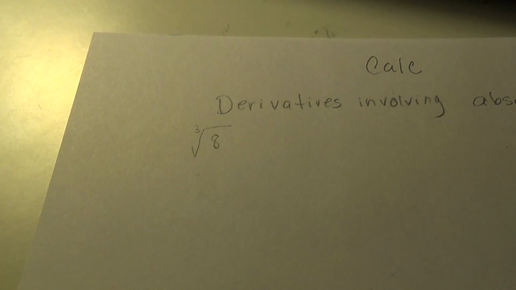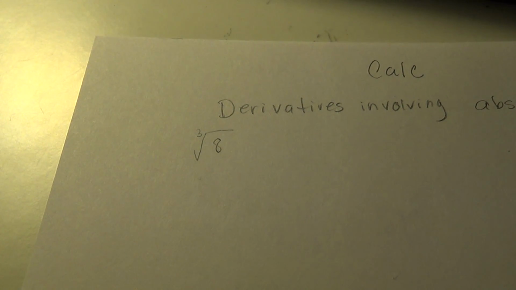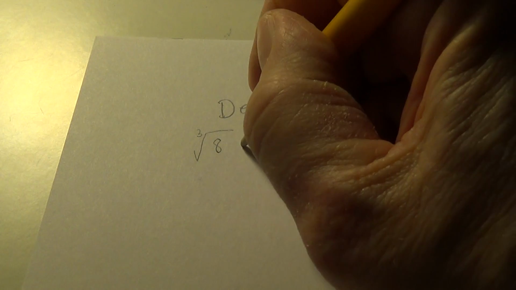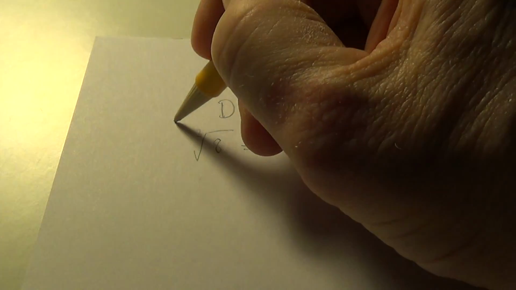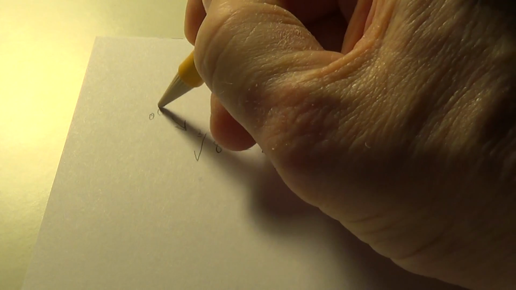The cube root of 8 is what number times itself times itself. So if you use it as a factor 3 times, it will give you 8. Since 2 times 2 times 2 is 8, we know that the cube root of 8 is 2. So that's okay when the root is odd.